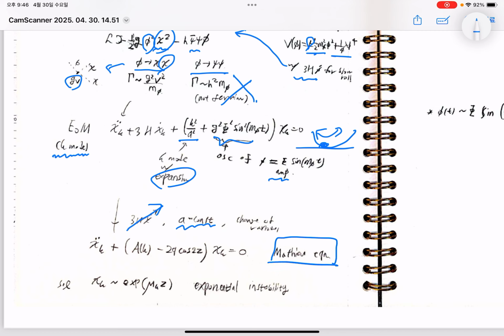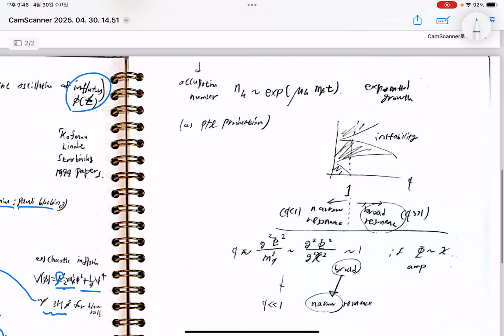And the solution of this differential equation has a sort of one mode of the exponential instability. So the k modes of the chi field, such a boson, has an exponential phase, where that includes the time variable here. So such a type of growth at the k mode represents the occupation number.